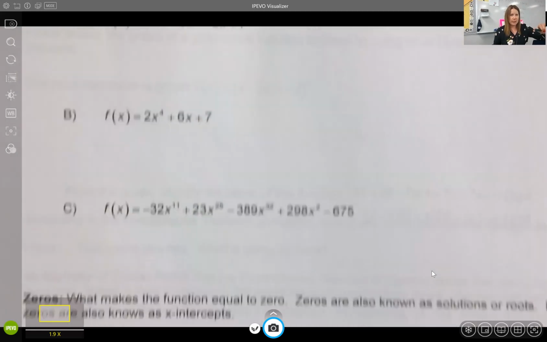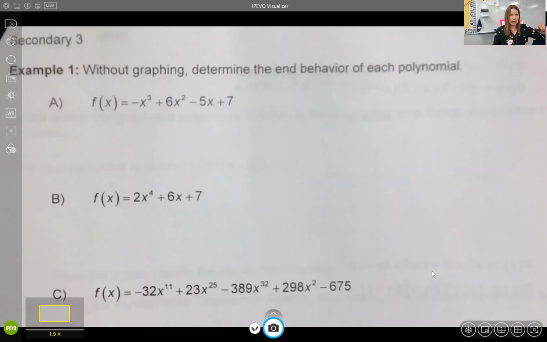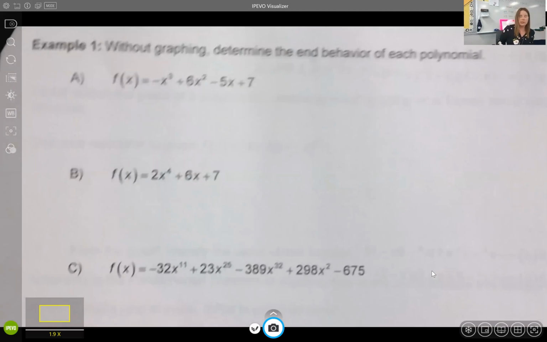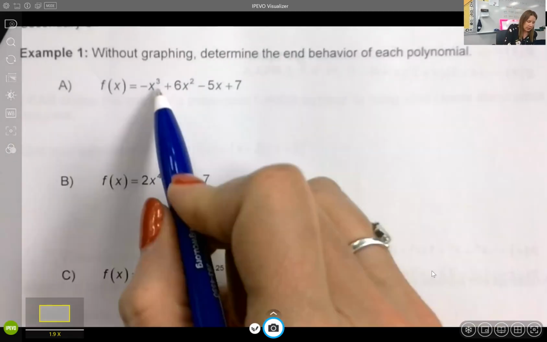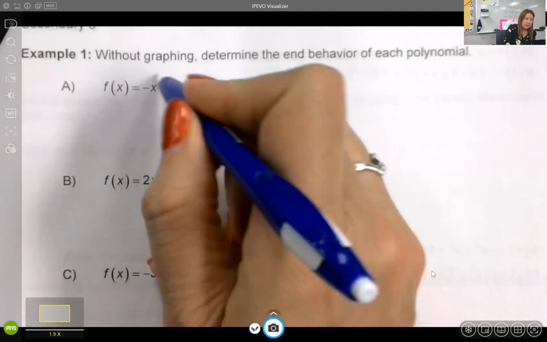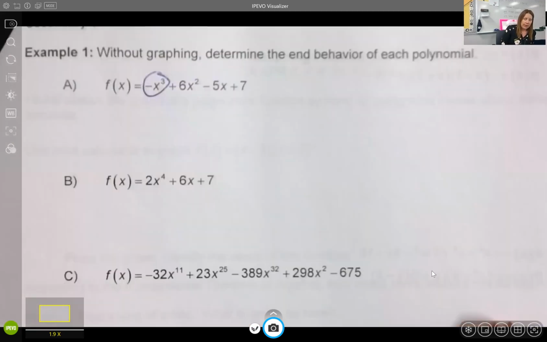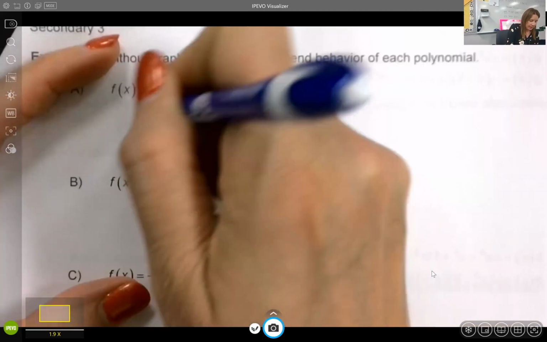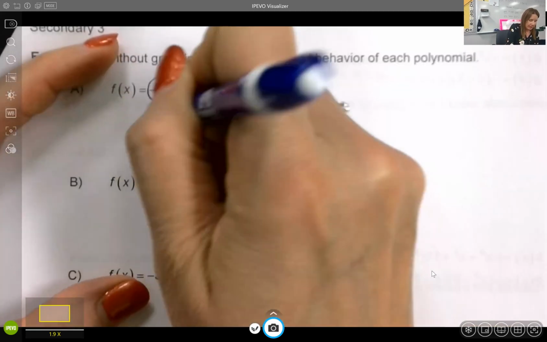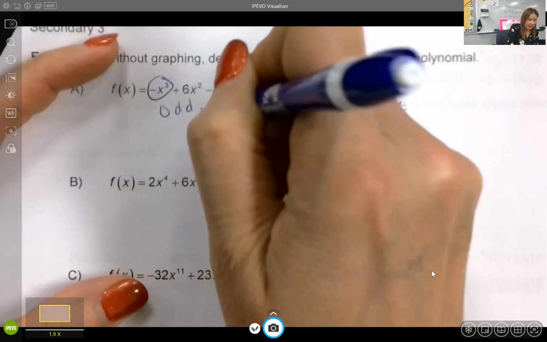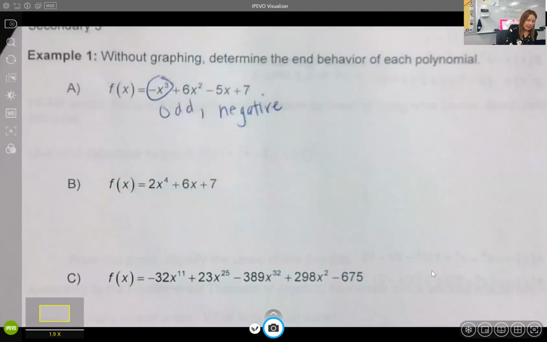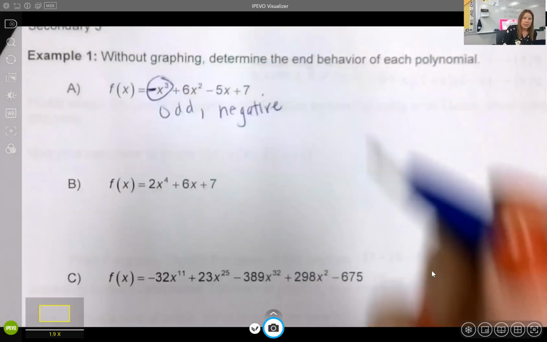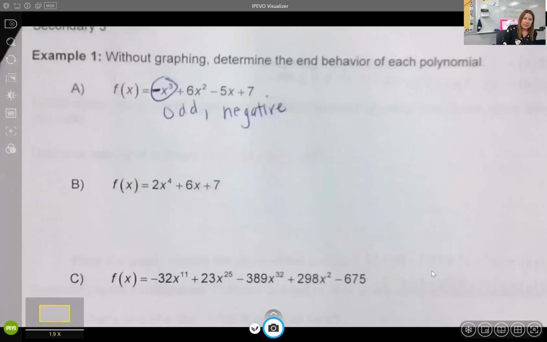Example 1, where it says, without graphing, determine the end behavior of each polynomial. So all I'm going to do is look for the highest power, 3, 2, 1. I'm going to circle this. So this is an odd, and the leading coefficient is negative. The leading coefficient is the number in front of the term that I circled. So this one's negative.